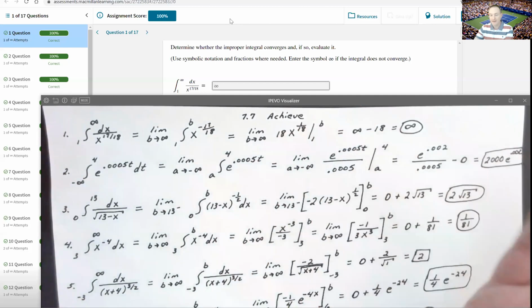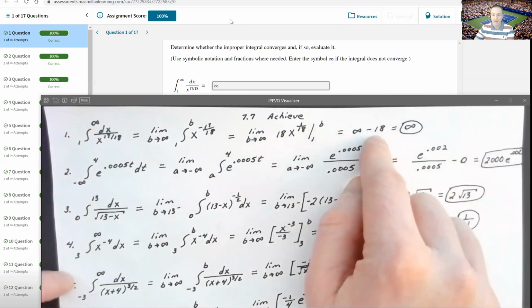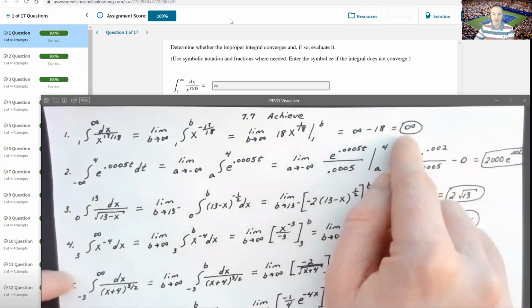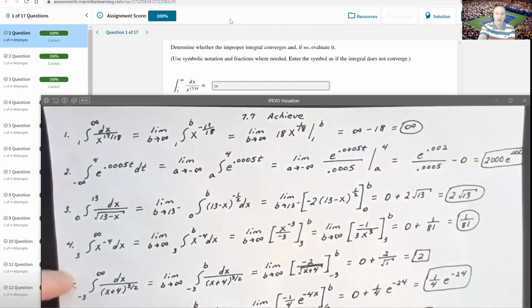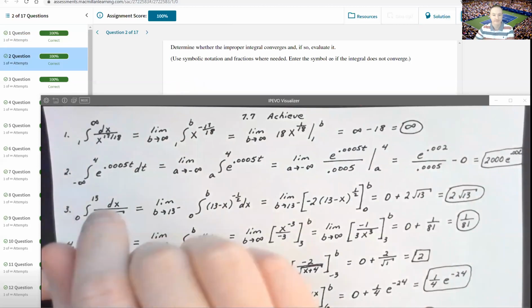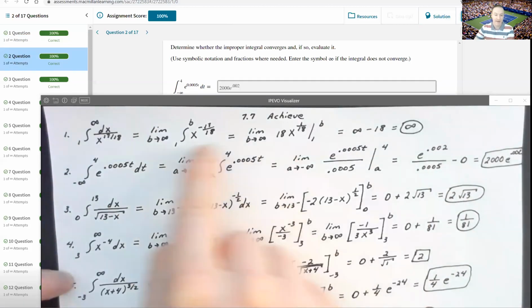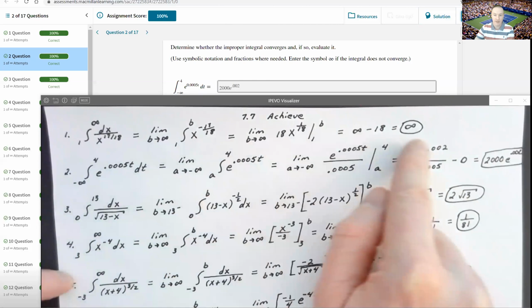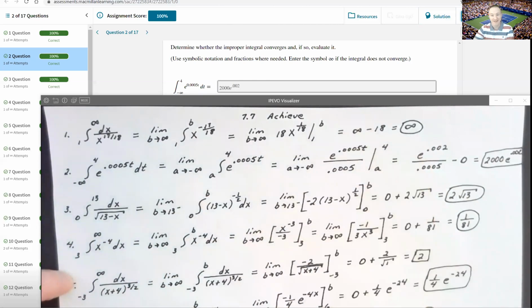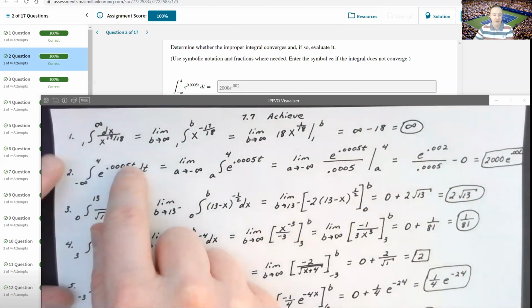Well, clearly, any infinite number minus a finite number is still an infinite number. So you'll see here in number 1, I put infinity in as my answer, and Achieve liked it. Now, sadly, I didn't have to do any of that formal notation. I could have just understood the answer was infinity, and Achieve would have been fine with it. I wish they would require you to show some steps of your work.